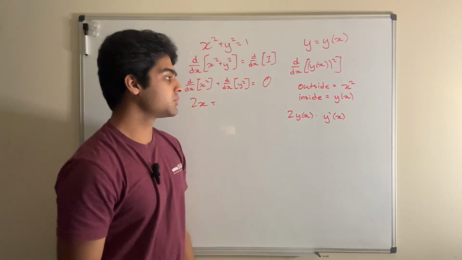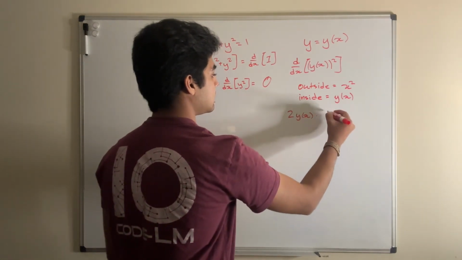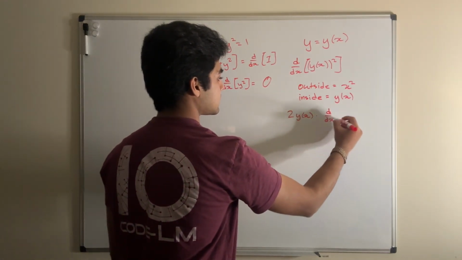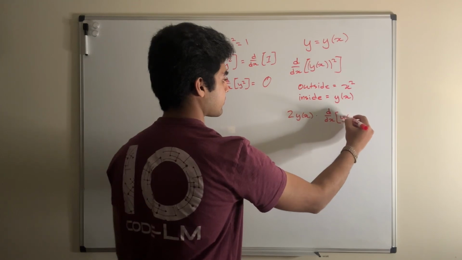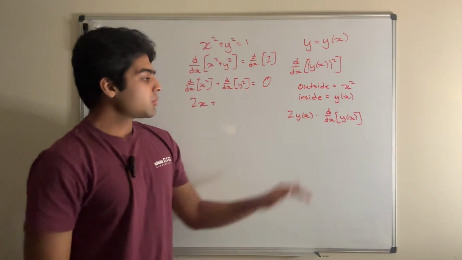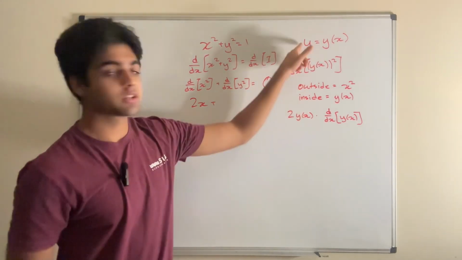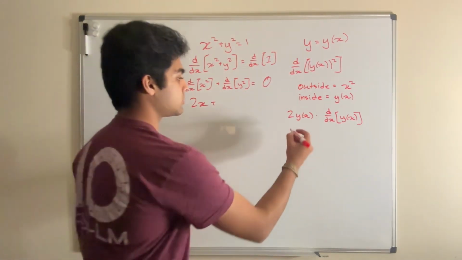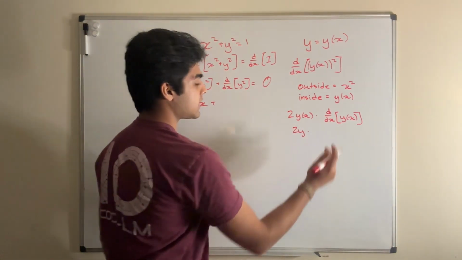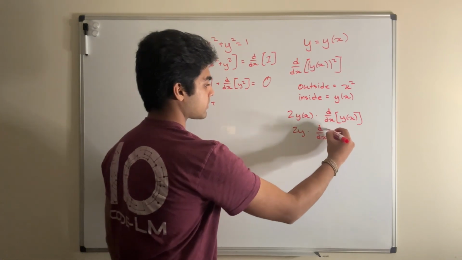Now, actually I'm going to write this as d over dx of that. That might be a bit easier. Now we can change the y of x back to just regular y. So we can do 2y times d over dx of y.